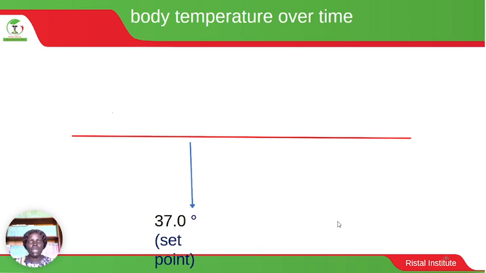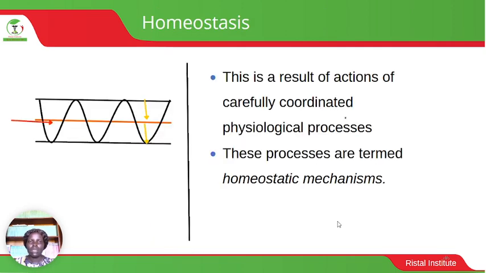Sometimes it can be lower than that, but sometimes slightly higher. But the degree of the change is very important. If the change is very grave, then that means that the body is not doing well. So homeostasis is not maintained.